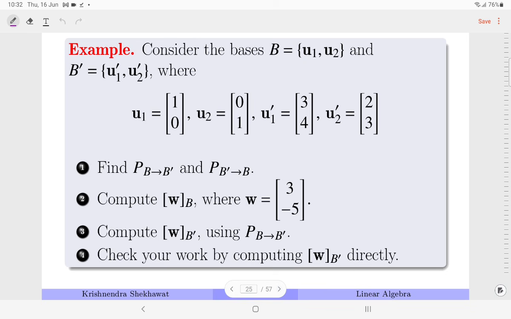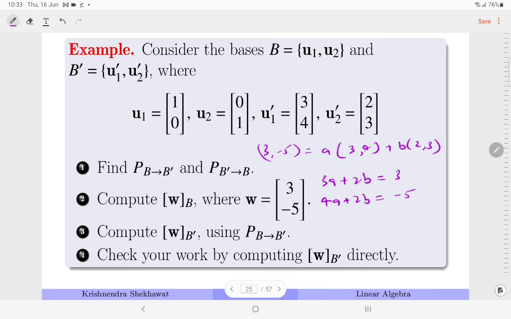Also you can compute [w]_B dash directly by writing w, which is (3, -5), as a linear combination of a times (3, 4) plus b times (2, 3), and that gives you a non-homogeneous system of equations: 3a plus 2b and 4a plus 3b equal to 3 and minus 5.